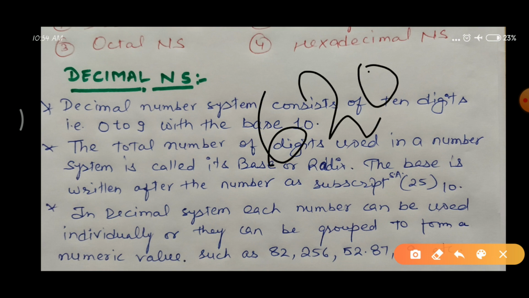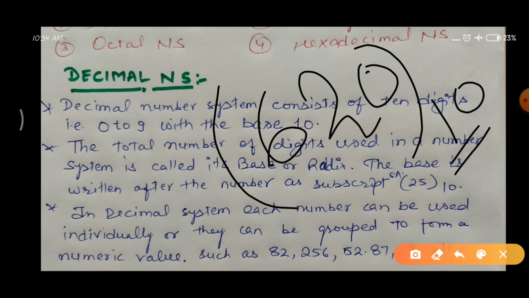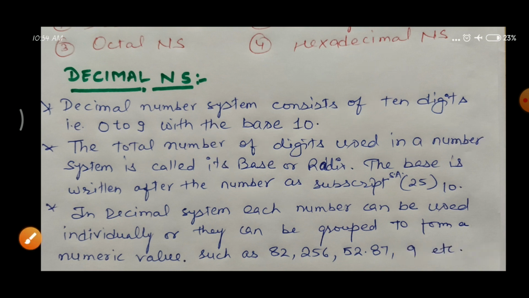Okay, so here we can see the range, meaning 6, 2 and 0. These are all digits which come from 0 to 9. Okay, and the base of this number will be 10.